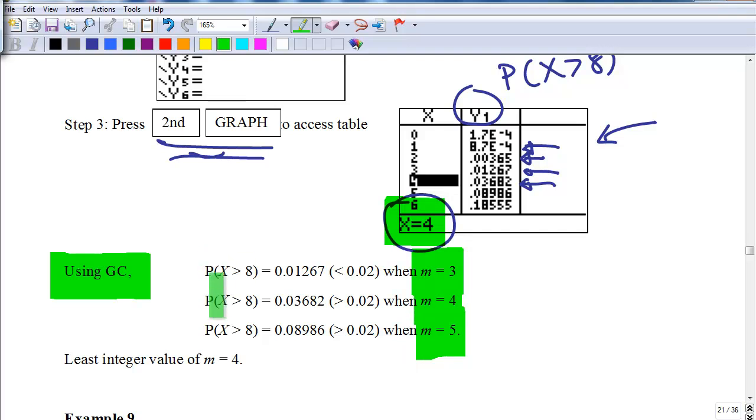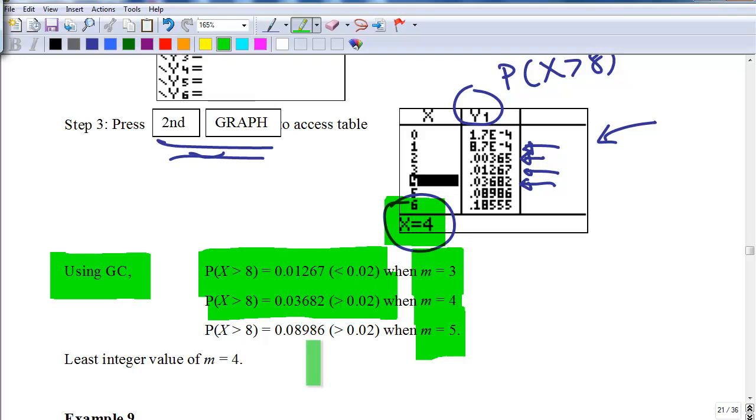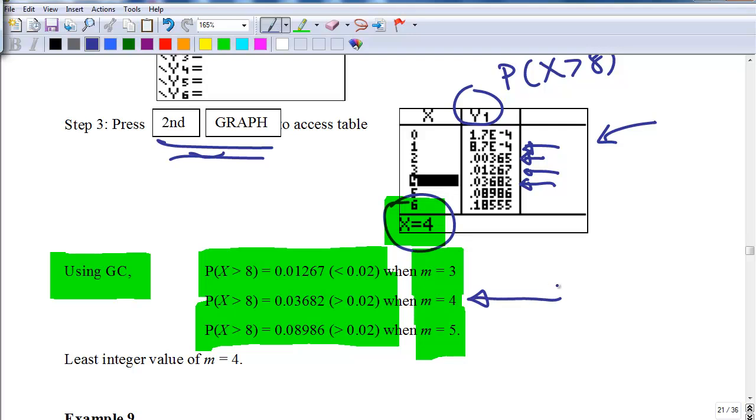You can see the probability that you want is bigger than 0.02, the probability before it is 0.01267, and the probability after that is 0.08986. You want to show in your presentation that this is the first instance that the probability has gone above 0.02. So hence the answer must be 4. Done.